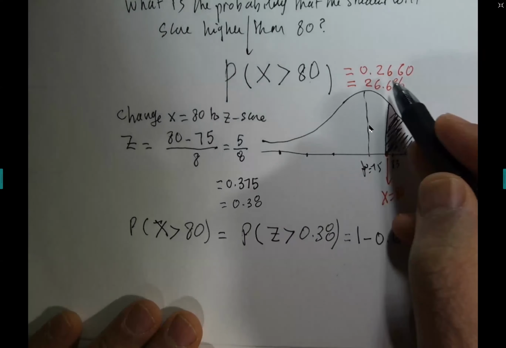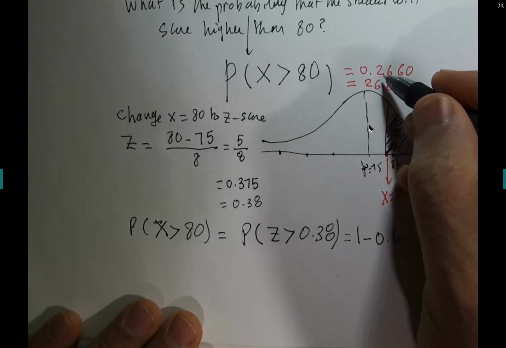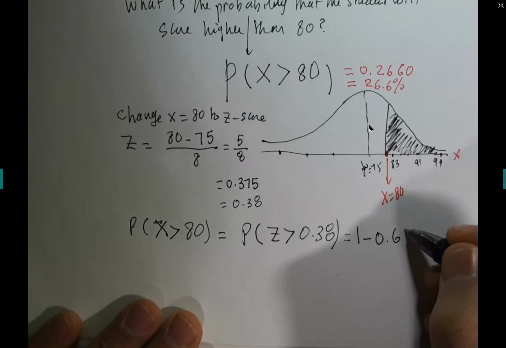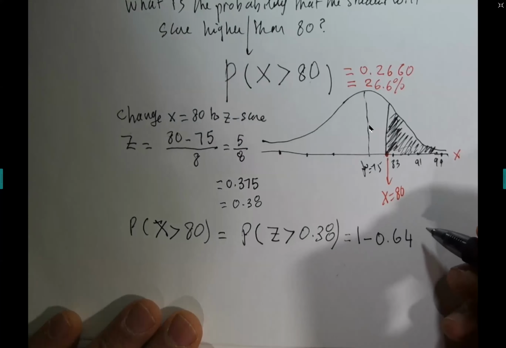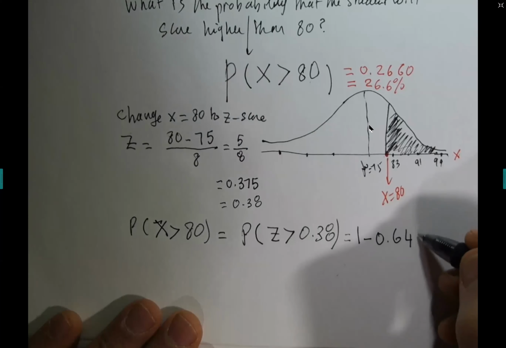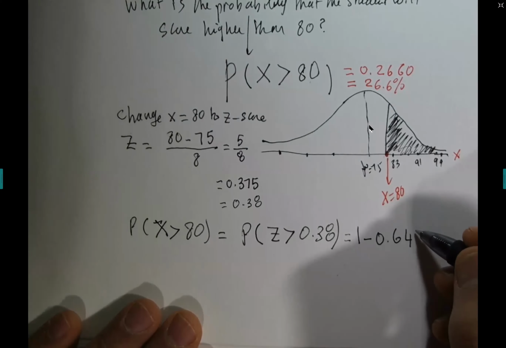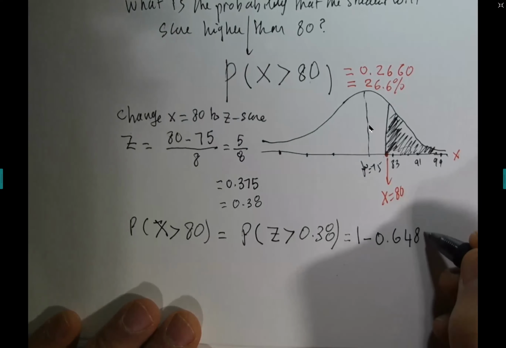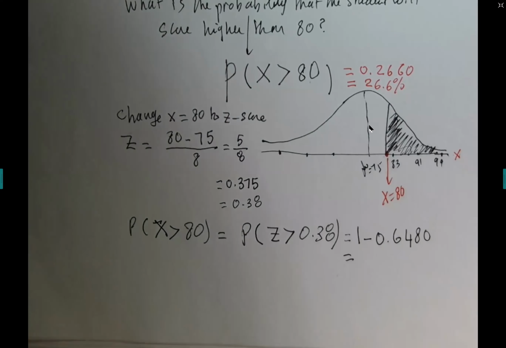So probably I read this wrong here. It should be 0.36. The two answers should match, guys. Or I put something wrong in the calculator there. I'll double check. So 1 minus 0.6480. Yes. And then you just subtract and you get the answer. 1 minus 0.64.